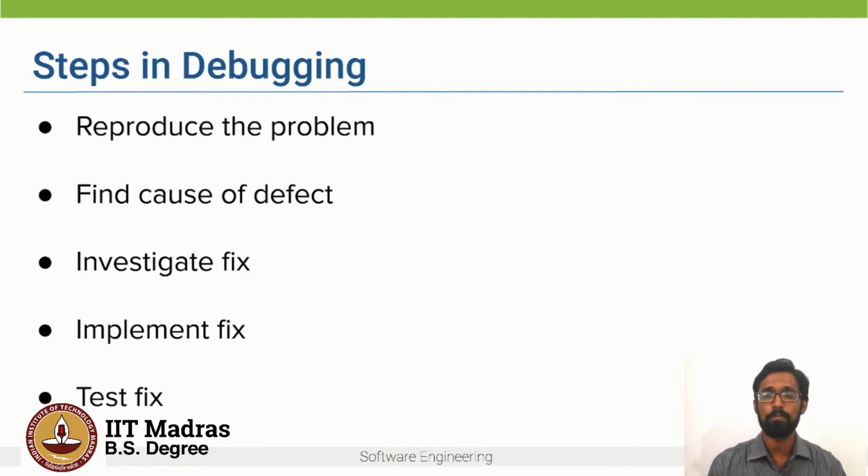So reproduce a problem, maybe specify an input for which this error occurs. Find the cause of this defect. You investigate the fix. So you come up with a fix and you implement it and you test whether the error is going away or not, right? And these are obvious steps one does in debugging. So in this video, we will be focusing on how we can find the cause of a particular defect.